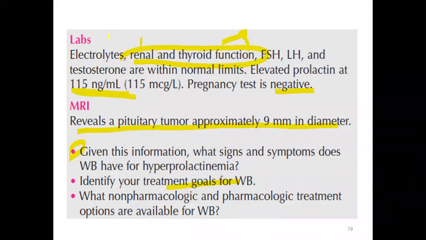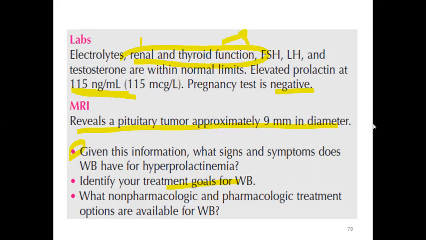We could surgically remove the tumor. Surgical resection of the tumor, one strategy. Any other? But does she have any tumor? Yes. Where is the tumor? The pituitary tumor, 9 millimeters in diameter. Okay, surgical approach can work.